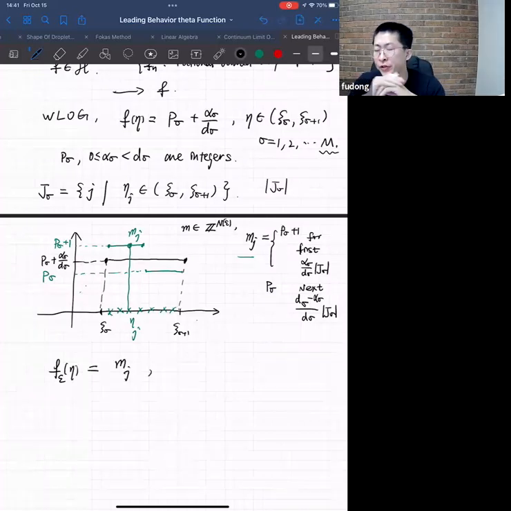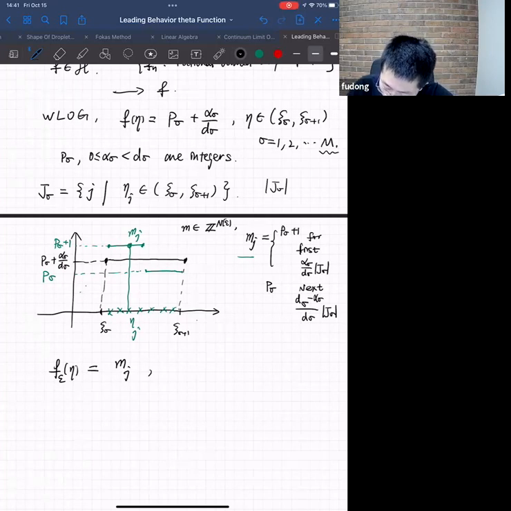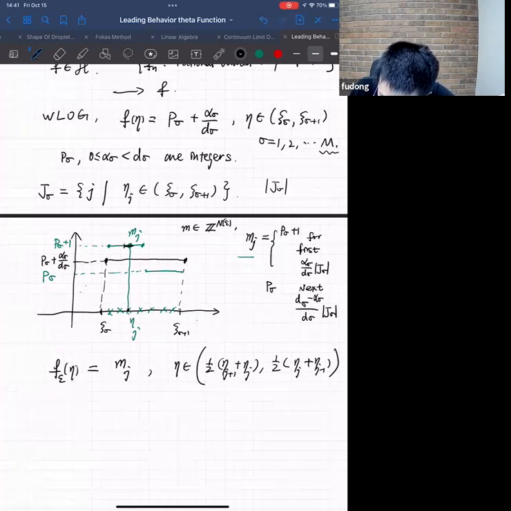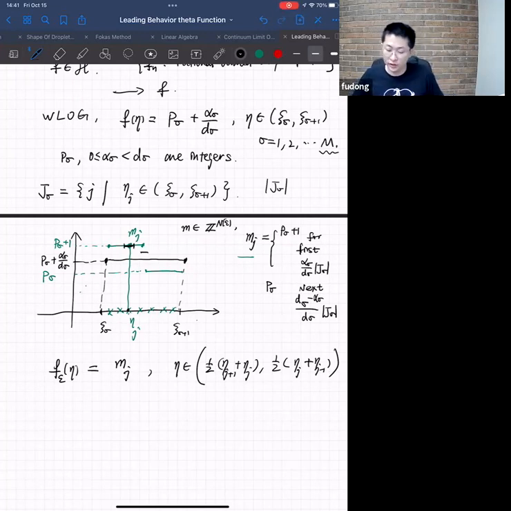So you extend those points to an integer valued piecewise function. When this is eta j, then you open it, right? And you get small pieces, so it will become a lot of pieces, and that's the function f epsilon.